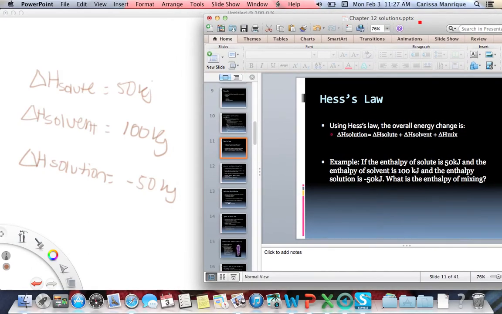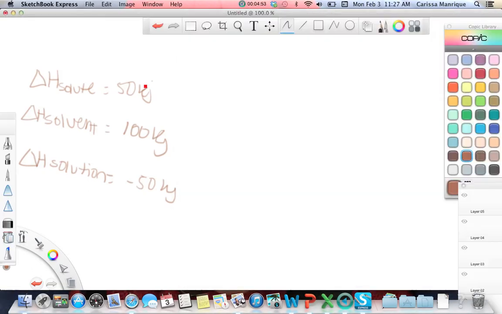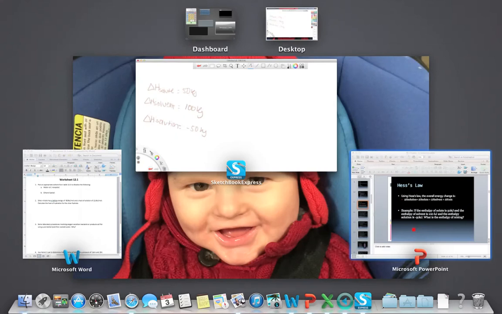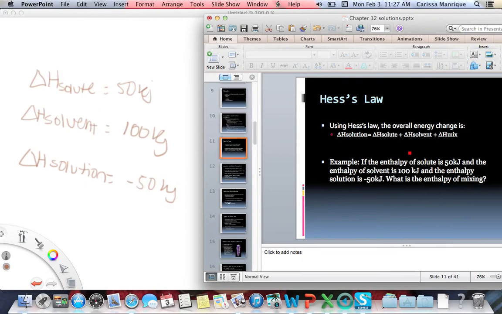So this is what it tells me here. It takes 50 kilojoules to break the solute, so those intermolecular forces, it takes 50 kilojoules of energy to break those. It takes 100 kilojoules of energy to break the solvent. And when I form everything together, it releases 50 kilojoules of energy. So let's figure this out. Solute plus solvent plus mixture equals solution.